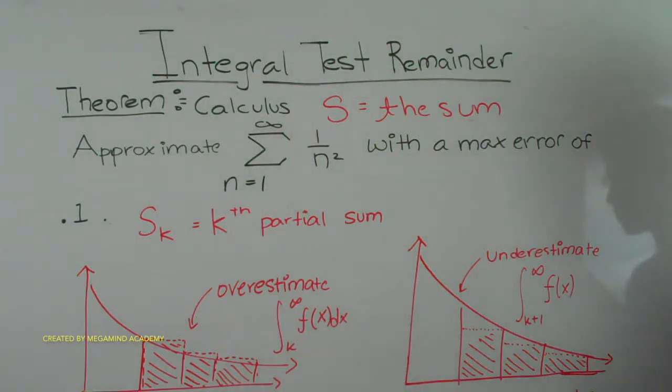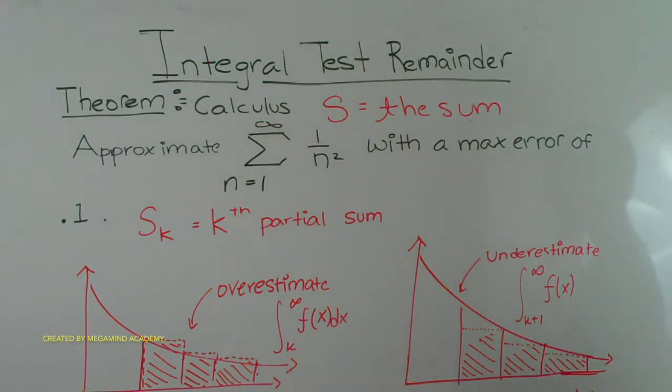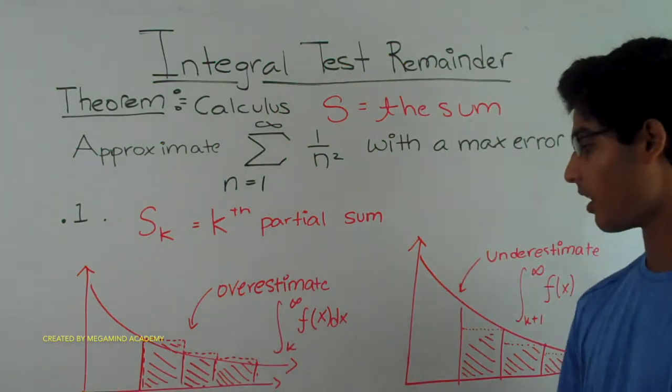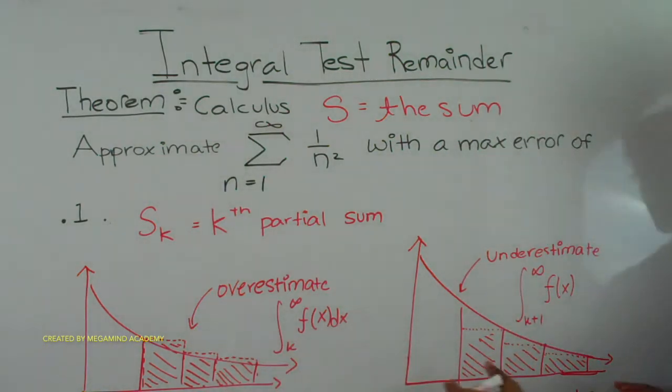But now let's notice one key thing when we mix these graphs together. This one really key thing, which is actually very obvious, is that this graph, when we start from k to infinity, is an overestimate, and when we go from k plus 1 to infinity, it's an underestimate.